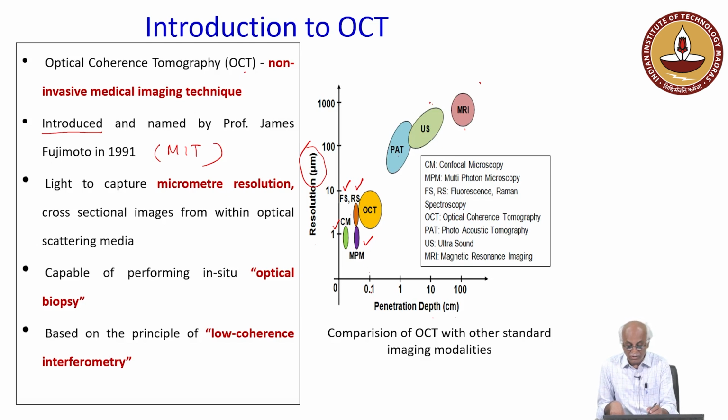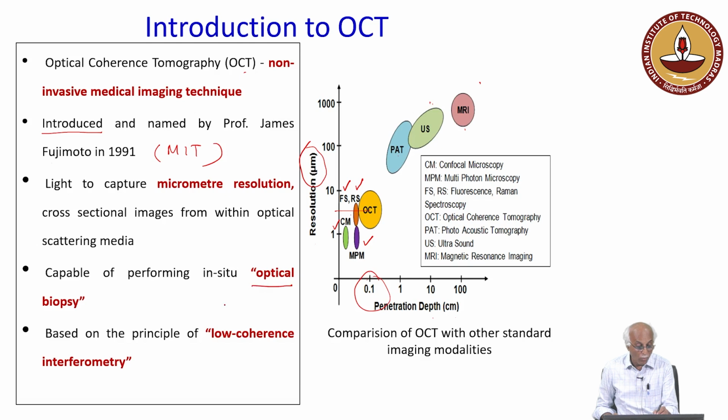The answer is, the depth of penetration, although limited, can penetrate to a certain extent beneath the skin. Other such devices, X-rays, MRI, etc., can penetrate, but they will not give you that much resolution, they will not give you small changes within a small layer thickness, which can be captured by OCT.